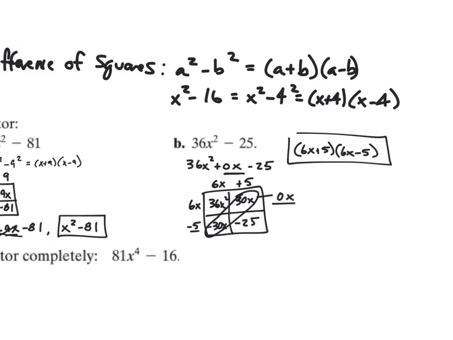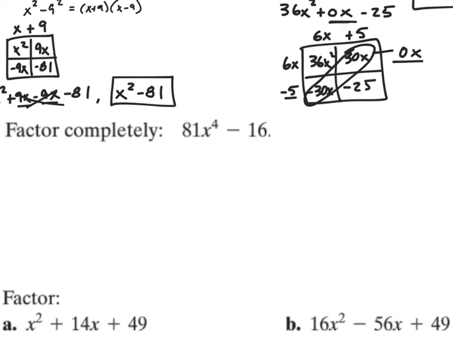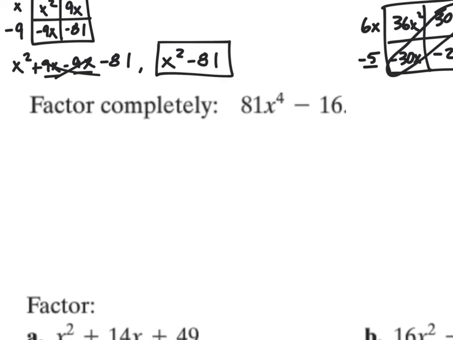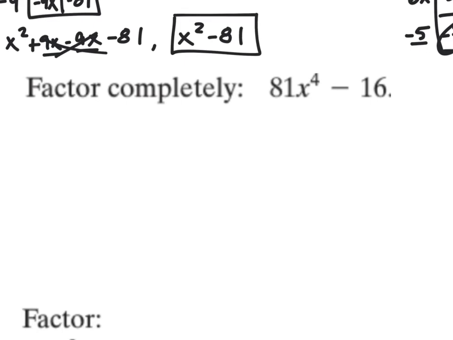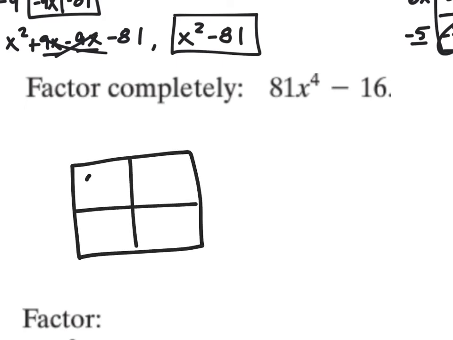Okay. All right, let's take a look at the next one. And the next one's a little bit tricky. Okay. So let's do the box method on this. Now this one has something x to the 4th, which is okay. All right, but let's draw the box real quick. Okay, and I've got 81x to the 4th and then minus 16. So 81, two numbers that multiply to 81.